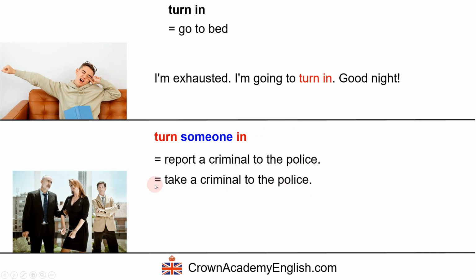So here we have an example. So this is the police officer. This is the criminal. This lady here is the criminal. And this is the person who reported the criminal to the police. So yes, this is David. This is Claire. Claire is the criminal. And this is the police.